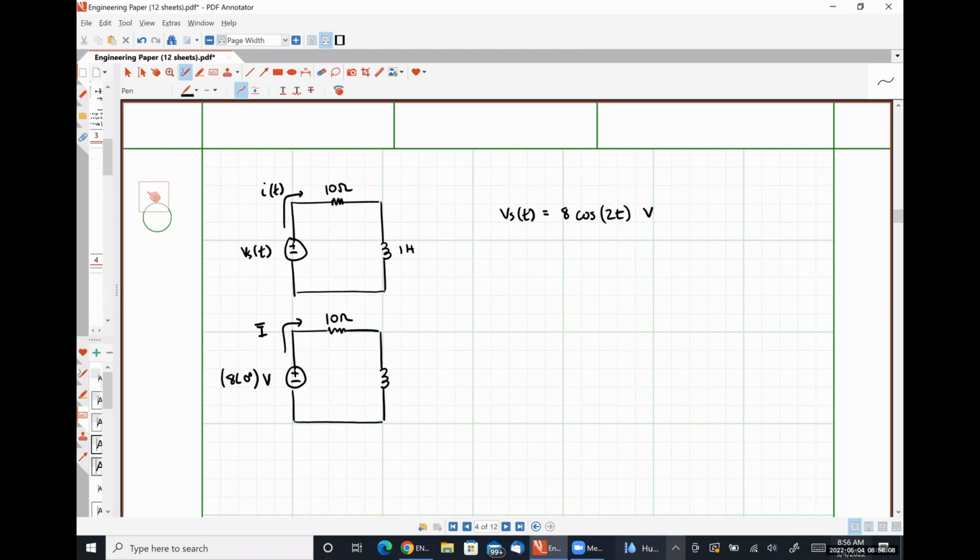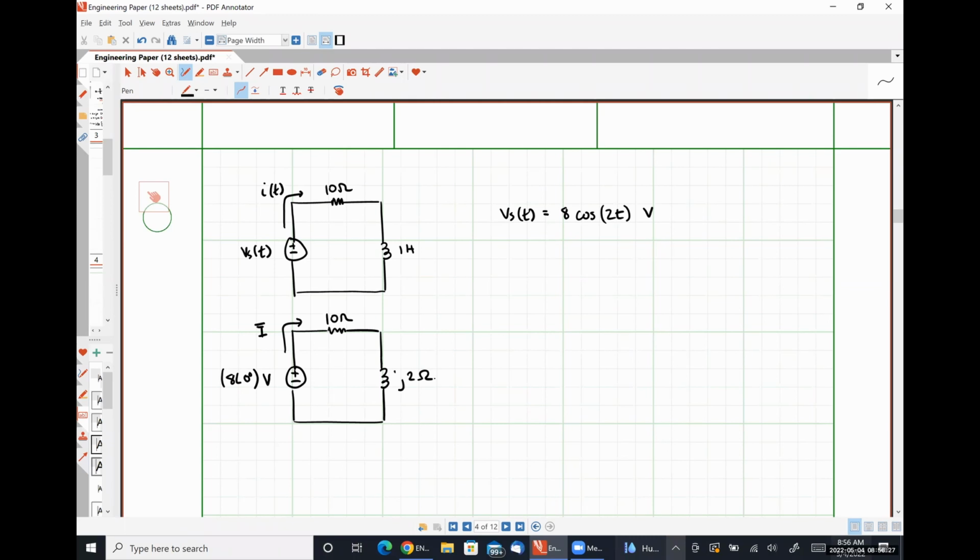What's the impedance of my 1 Henry inductor? So J times omega times 1. So what's omega? 2. So J times 2 times 1 is J 2 ohms.